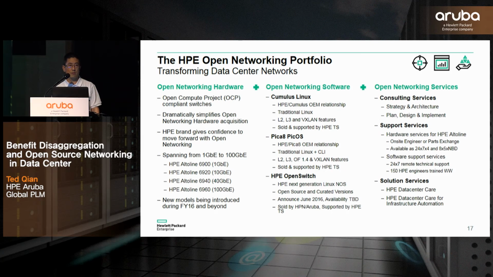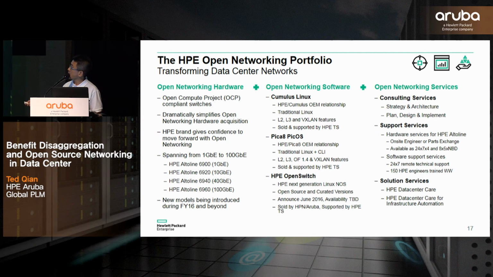This is the total solution that HPE can provide the customer towards DevOps or cloud-based applications. On the networking side, we provide the customer with OCP-compliant switches, which we name Altoline. Our Altoline is now released from 1 gig links to the server, to 10 gig, 40 gig, 100 gig and 25 gig links to the servers.